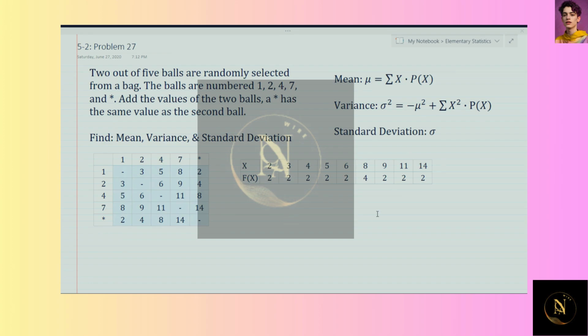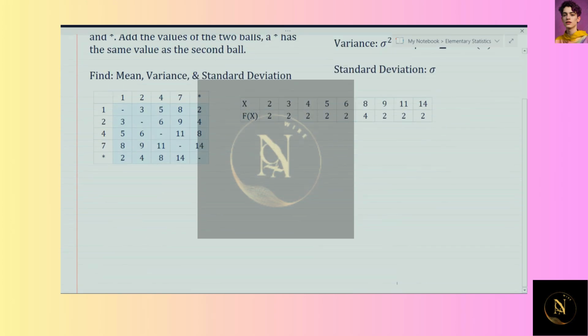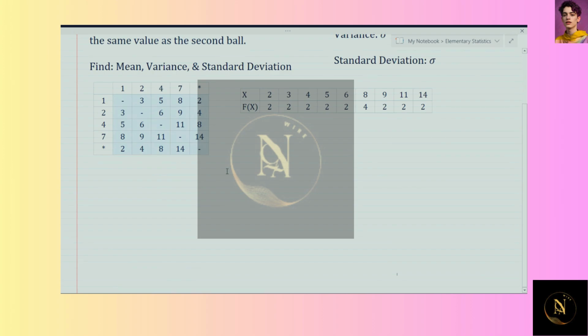So what we can do here is make a probability distribution out of this frequency table. Let's bring that down, and I'm going to put that right there. And we can modify this. Like I said before, there are 20 possible outcomes, not 25. So we just need to divide the frequency by the total amount.